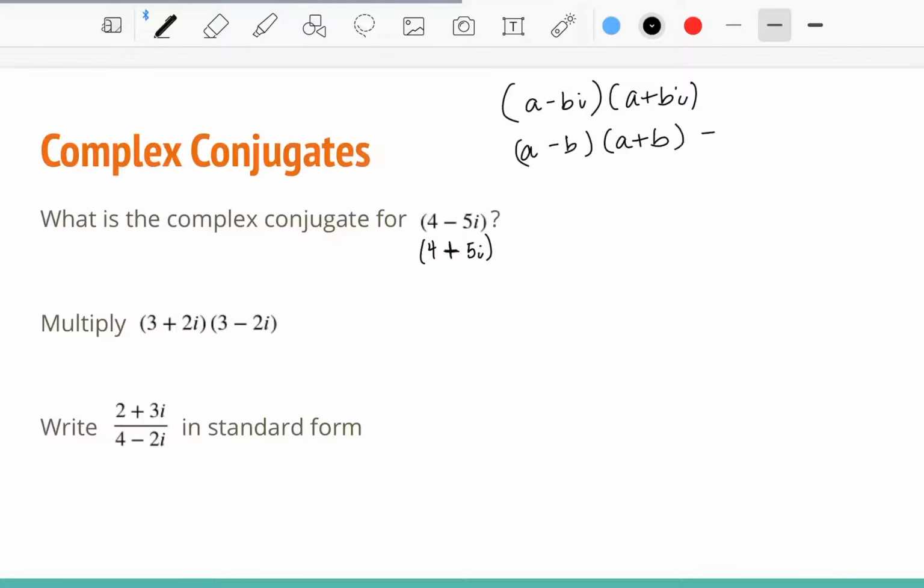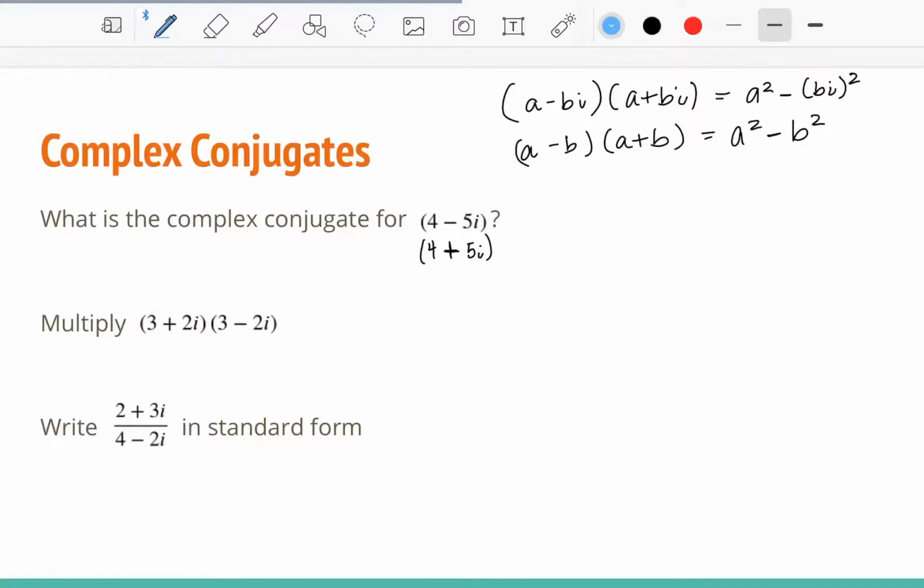I know that a minus b times a plus b will give me a squared minus b squared, a difference of squares. So I can generalize that this will give me a squared minus bi squared.